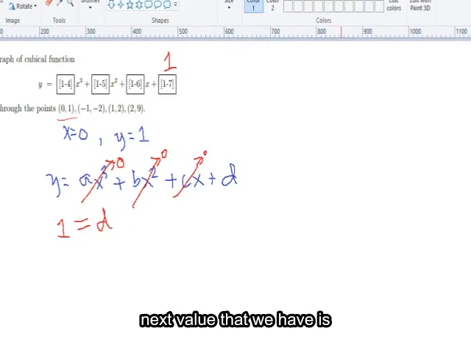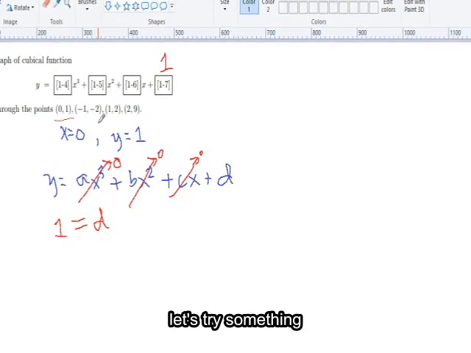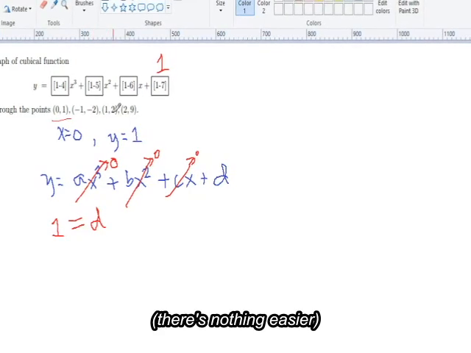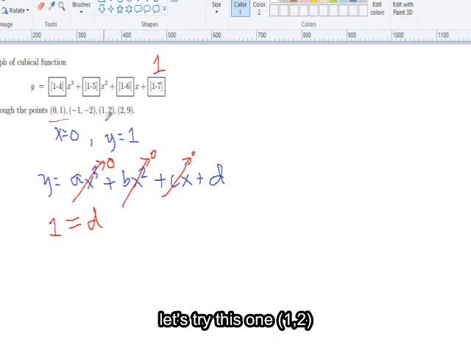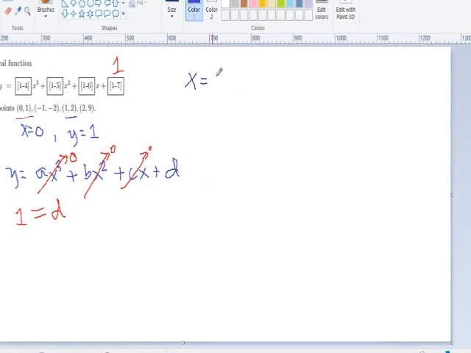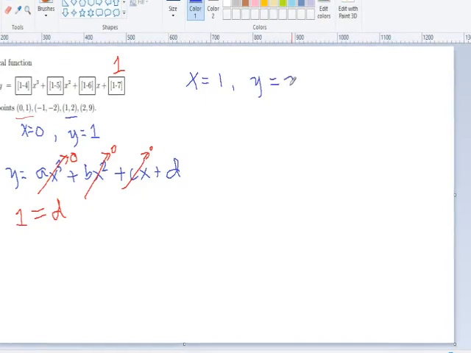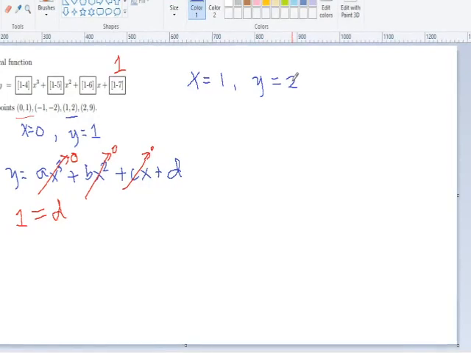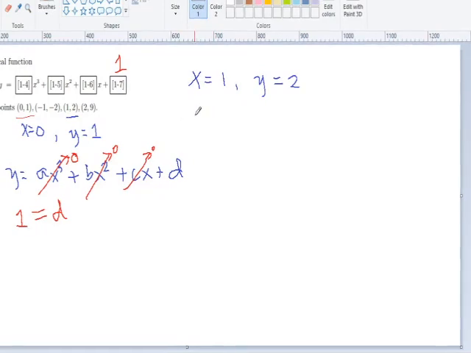Next, let's try the point (1, 2). When x equals 1, y equals 2.